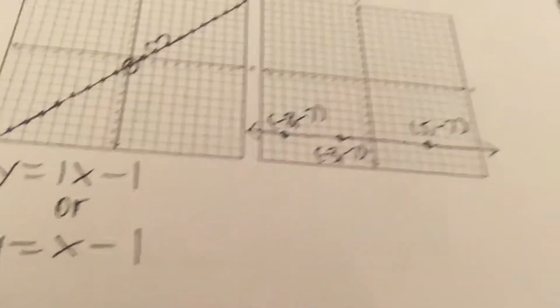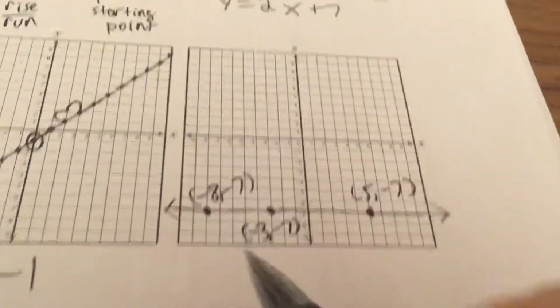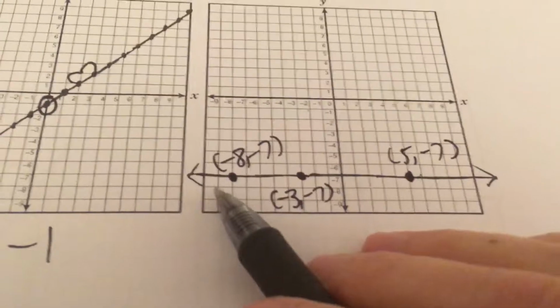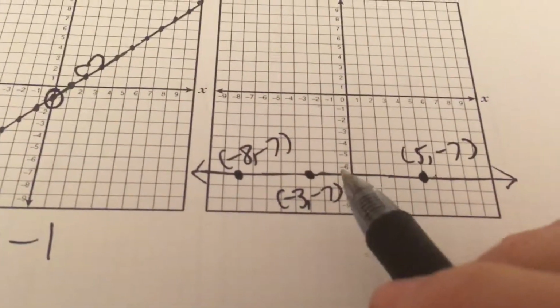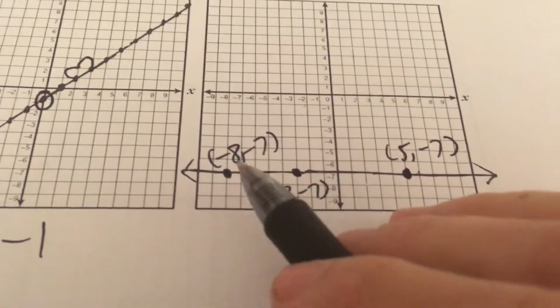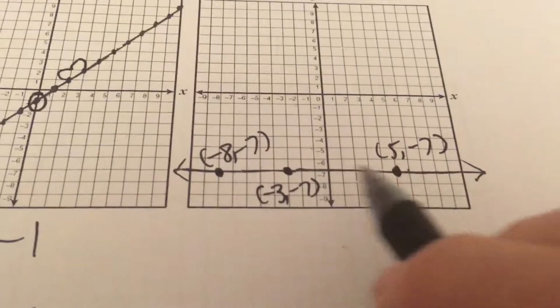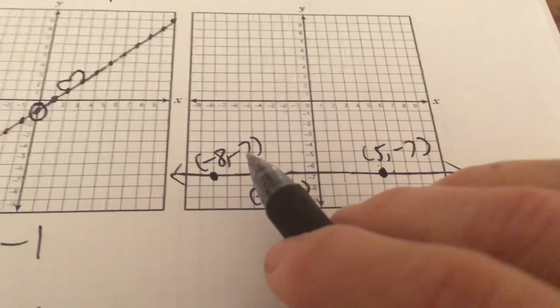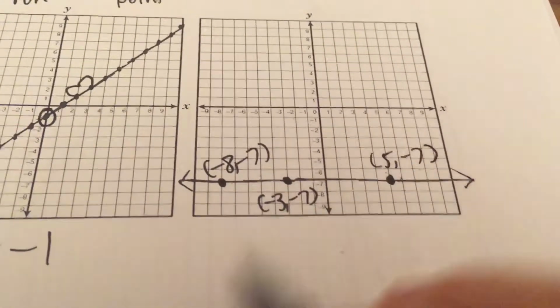So that's how you can remember, even when you don't have that last page to look at. Which value always equals negative 7 along this line? Does x always equal negative 7, or does y always equal negative 7?